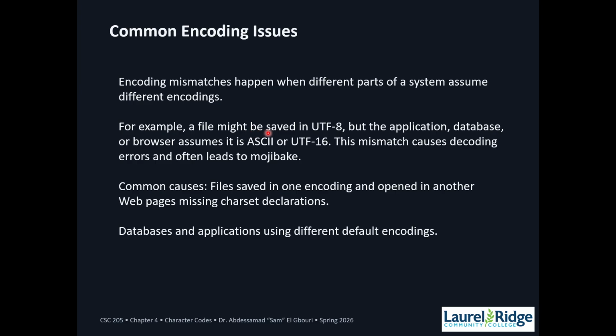For example, a file might be saved as UTF-8, but the application, database or browser assumes it is ASCII or UTF-16 or something. This mismatch causes decoding errors and often leads to emoji bake. That's what the word is. If I ask you in a test what it means, you know exactly what it means by going through this.